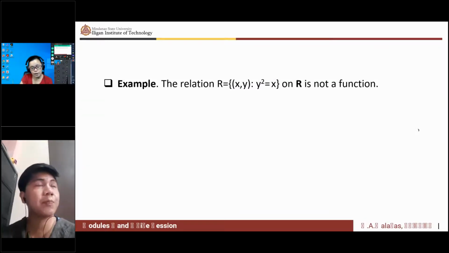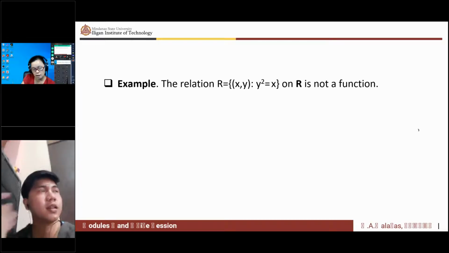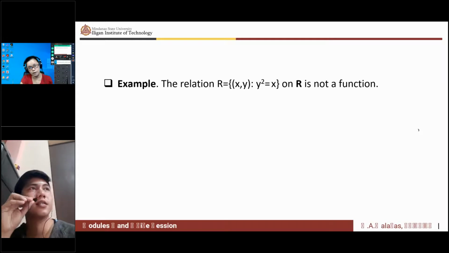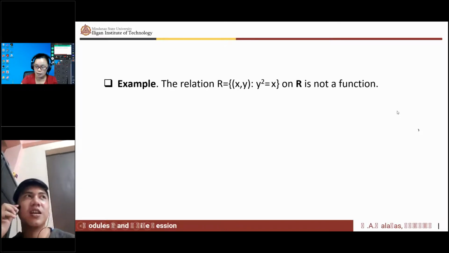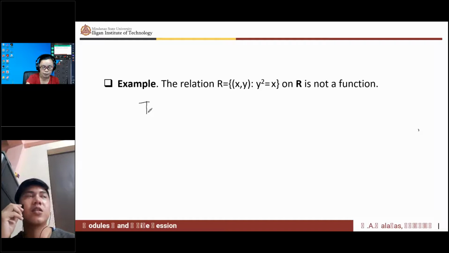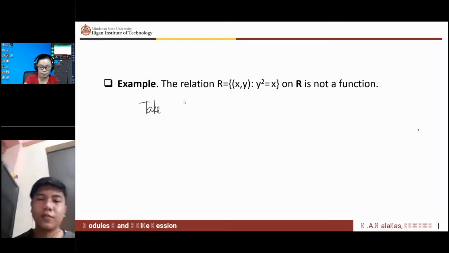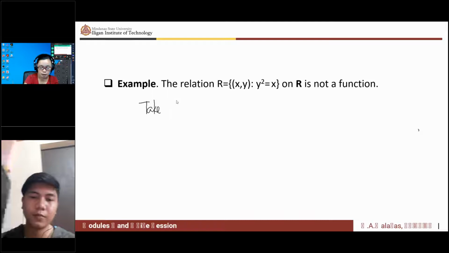Okay, the relation now here. How do we show that a given relation is not a function? We can only disprove by counterexample. So all we have to do is take counterexamples. What do you think? You can take x1 equals 4, which is equal to x2. So our x1 is 4, our x2 is also 4.